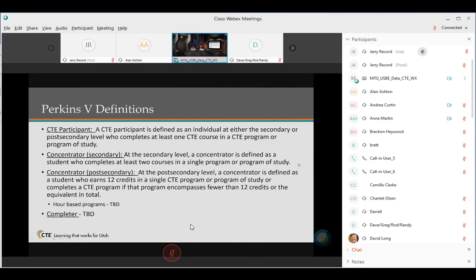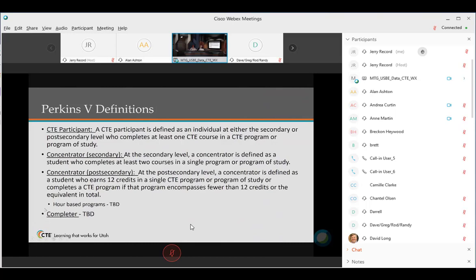This has been giving a lot of the states a little bit of heartburn because they're worried that this will increase their population of concentrators to be almost the same as participants if it's looking at only 2 courses. And we can discuss that in a minute.